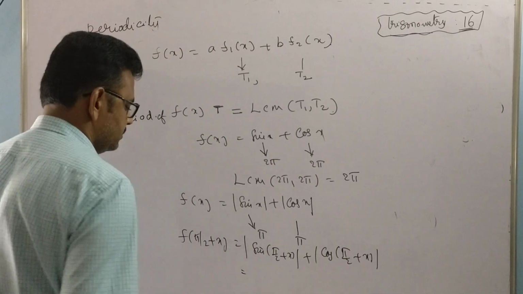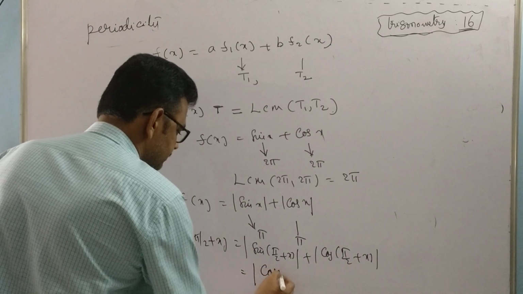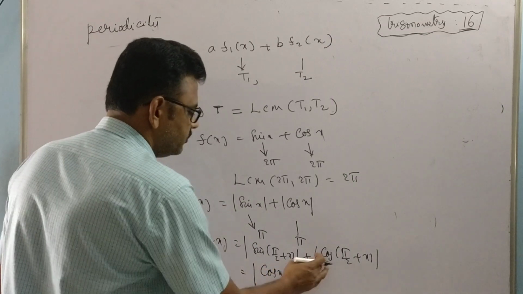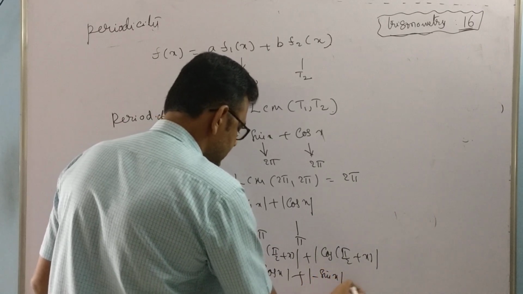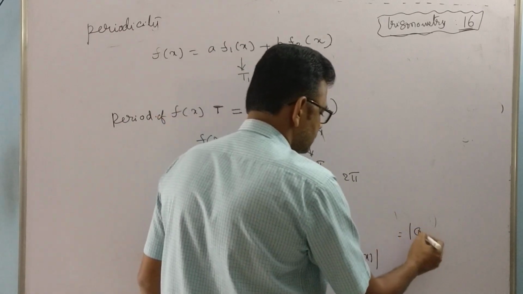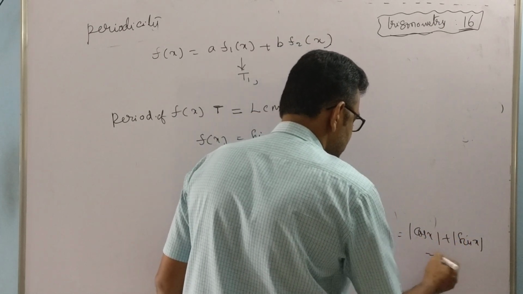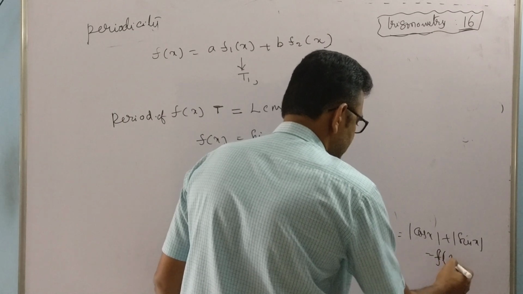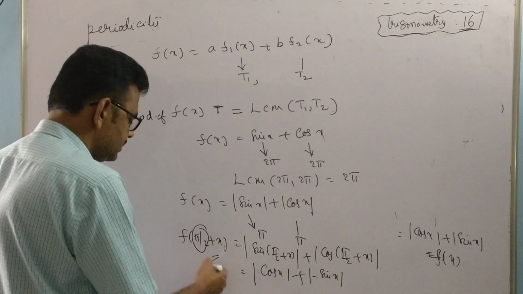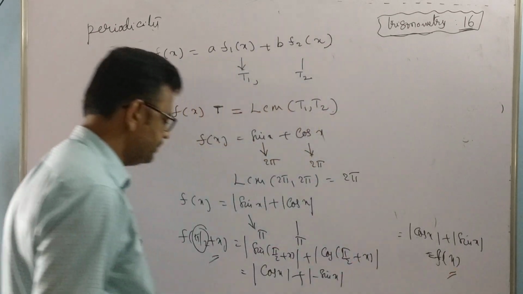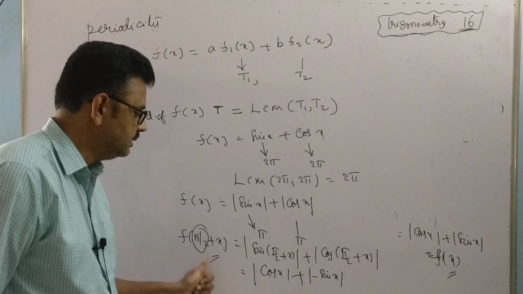So this is equal to mod of cos x, and cos of pi by 2 plus x is minus sin x, but you can put mod, that is equal to mod cos x plus mod sin x, which is equal to f of x. Therefore f of pi by 2 plus x equal to f of x. Here the period is pi by 2.